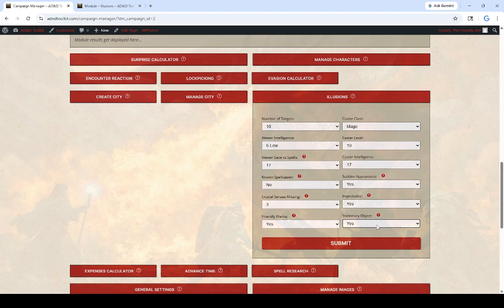That's more likely to fool the kobolds because there's less moving parts, literally. There's not moving parts. It's a stationary object, this phantasm. So that's an increased chance of succeeding. So that's what all these parameters are. And then I would just click my submit button.